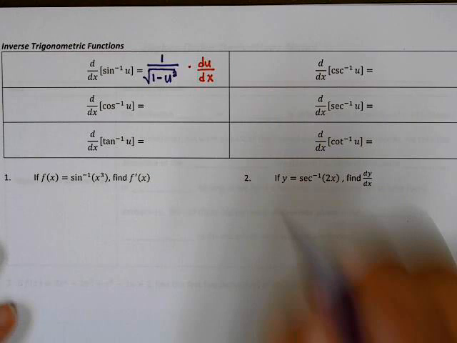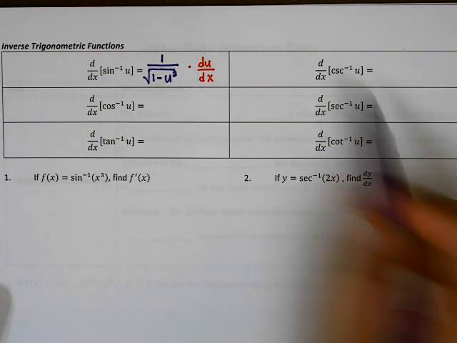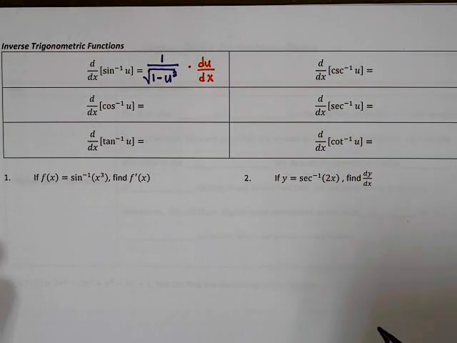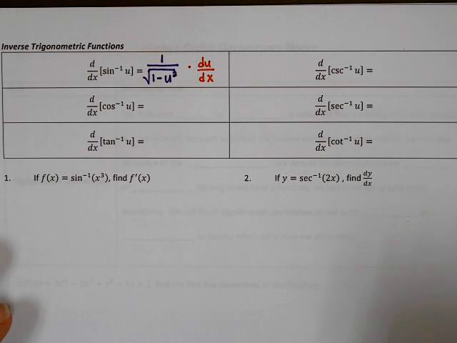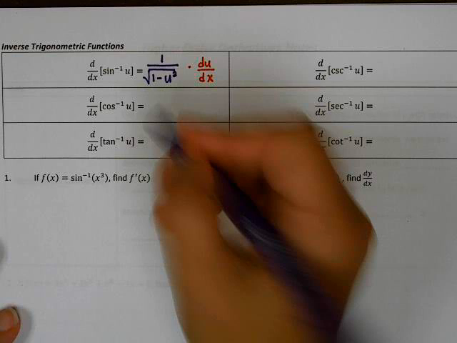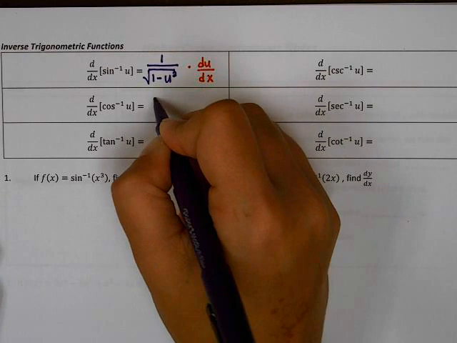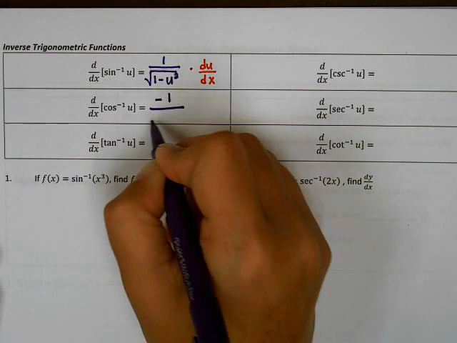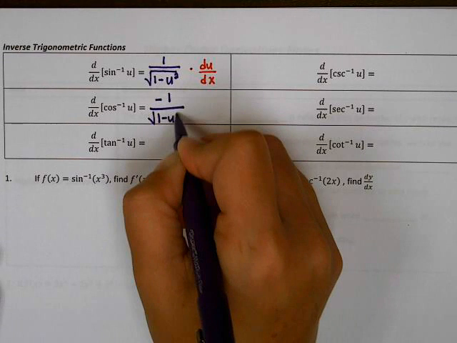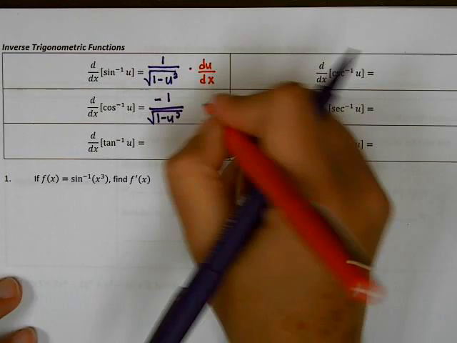The derivative of inverse cosine would just be -1 over the square root of 1 minus u squared, du over dx.